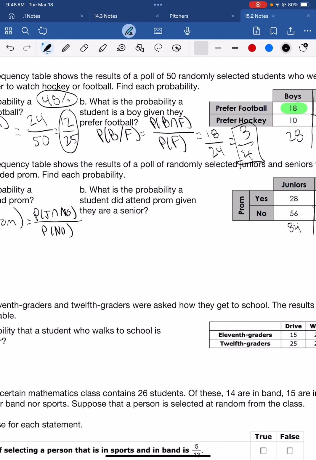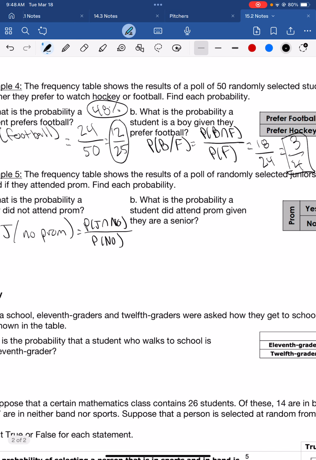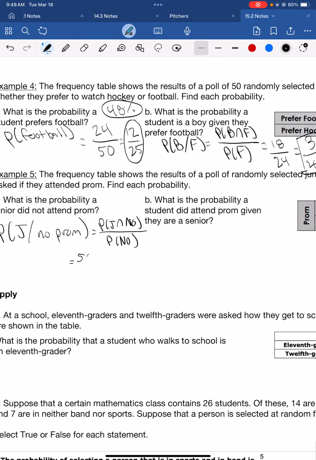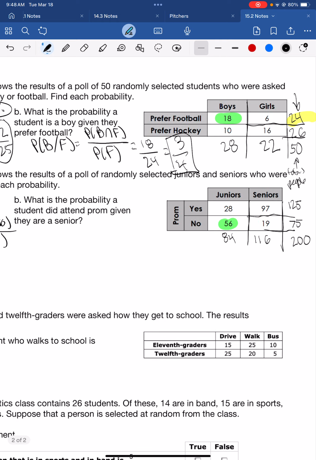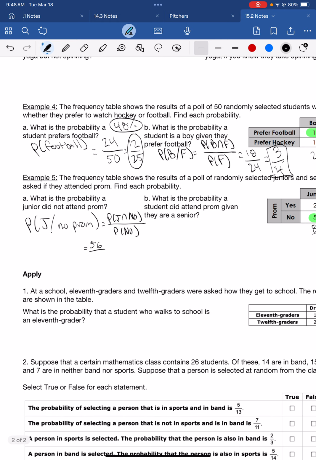So how many juniors didn't go to prom? Junior is this section, and no prom is 56. So we'd say this is 56 over all the students that said no, which was 84. So 56 over 84. When we divide this, you're going to get 2/3. That one's a little bit tough because it didn't say the word given, but it was kind of implied.